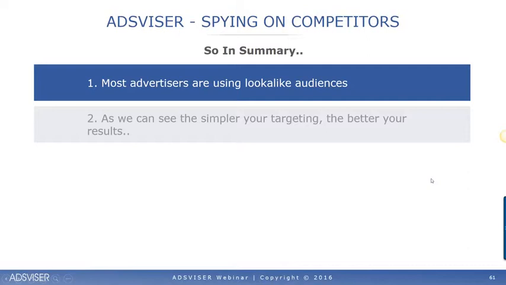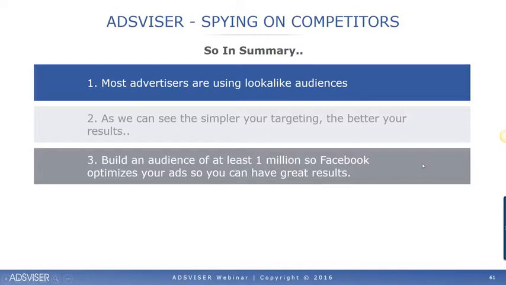So basically what you're doing is searching for things that are very similar. Also, we want to build a slightly broader audience to start with and then narrow down. So we build an audience of at least 1 million, so Facebook can start to optimize your ads and you get great results.